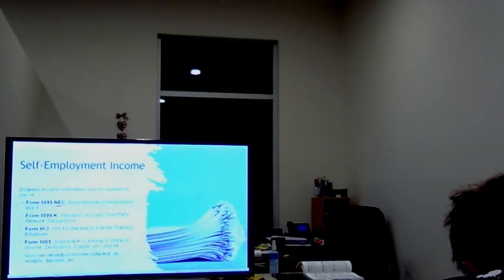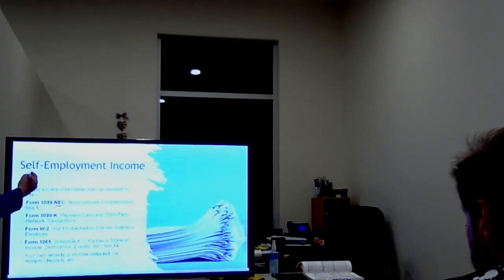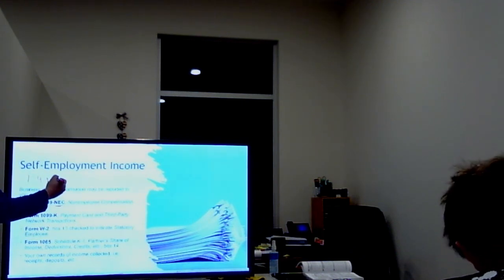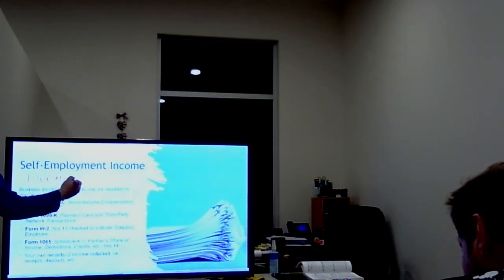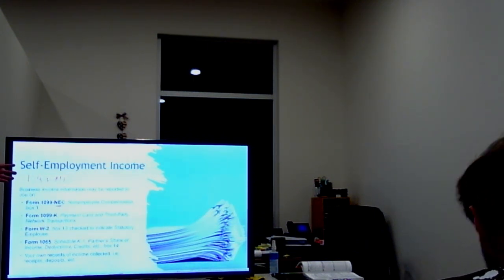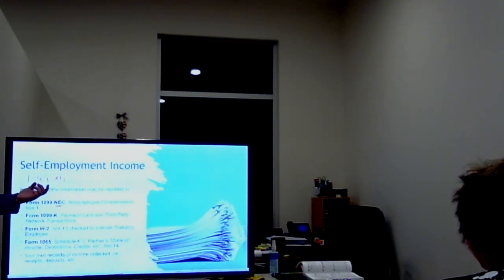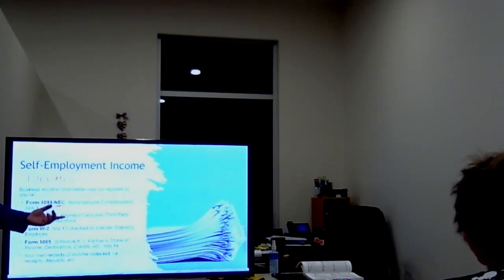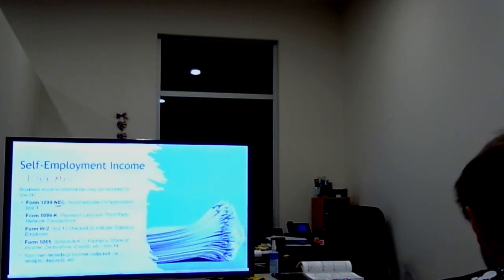People still haven't gotten used to it, so we may still have people occasionally producing incorrect 1099-MISC. There used to be a box 7 on 1099-MISC that said non-employee compensation, but they took that box out and put it into its own form, non-employee compensation.